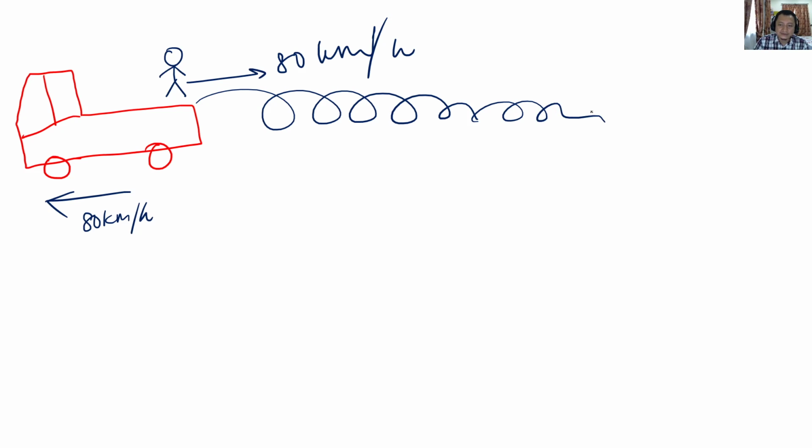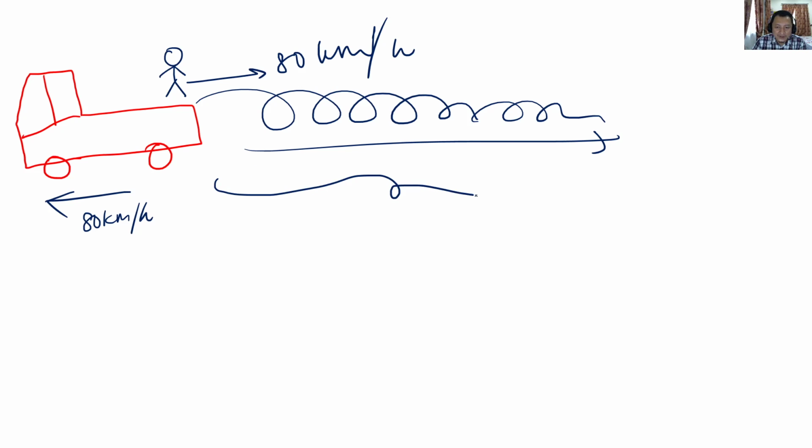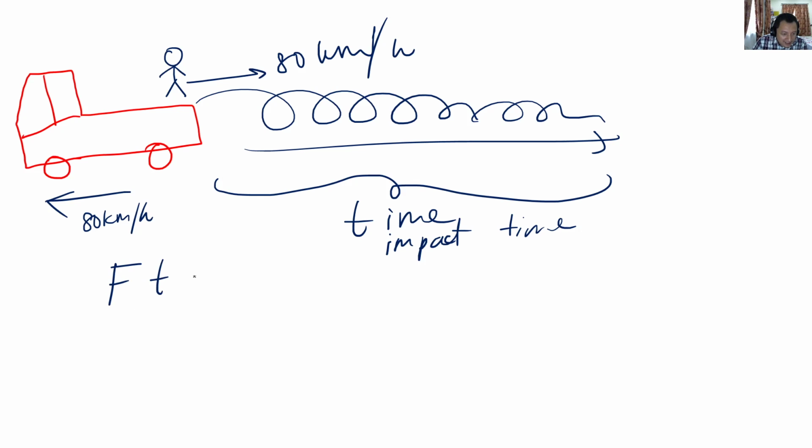So the longer the travel, the more gradual. What are we doing here? We are increasing the impact time, which comes from this formula: Ft is equal to mv minus mv naught.